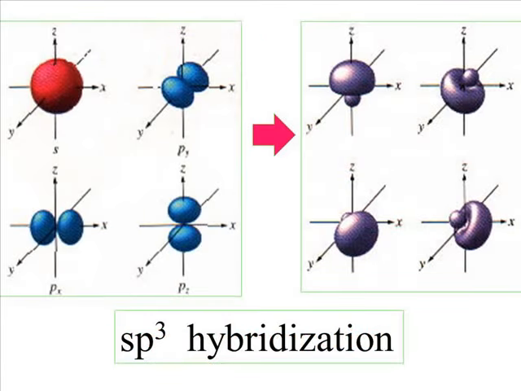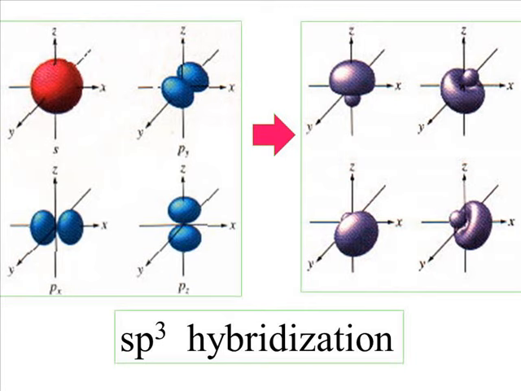Hybridization is as simple. We took a while to get it straight in our head, and it still may not be in there, but it's a blending of those orbitals that actually gives you that geometry. In order to have a tetrahedral, you have to have 4 equivalent bonds, and an S and 3 Ps, if they don't hybridize, are not going to give you 4 equivalent bonds. They're not going to be pointing in the directions you want. So your sp3 hybridization has no multiple bonds, gives you a tetrahedral.